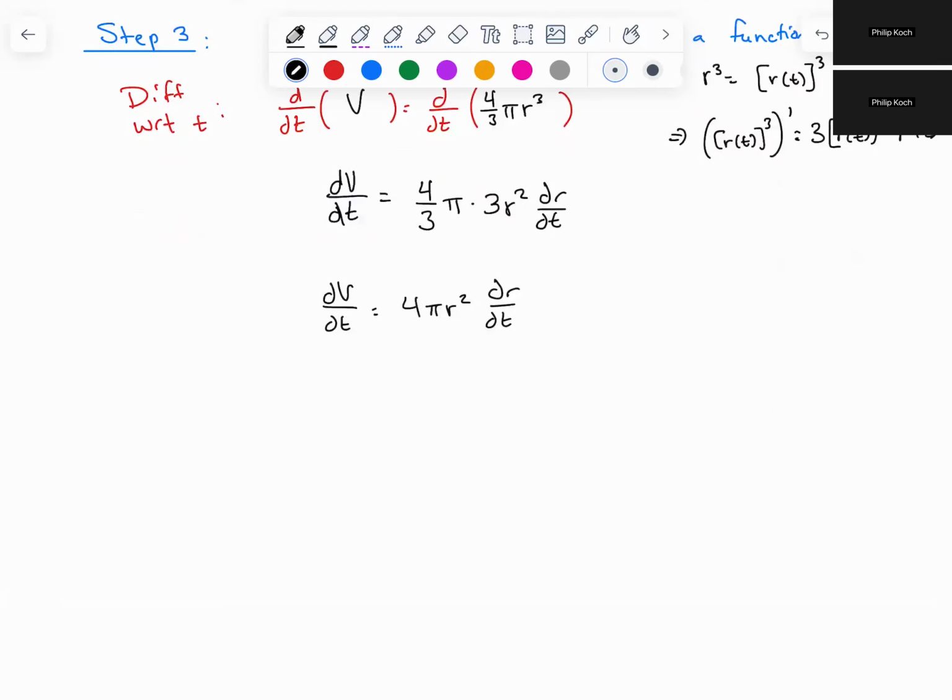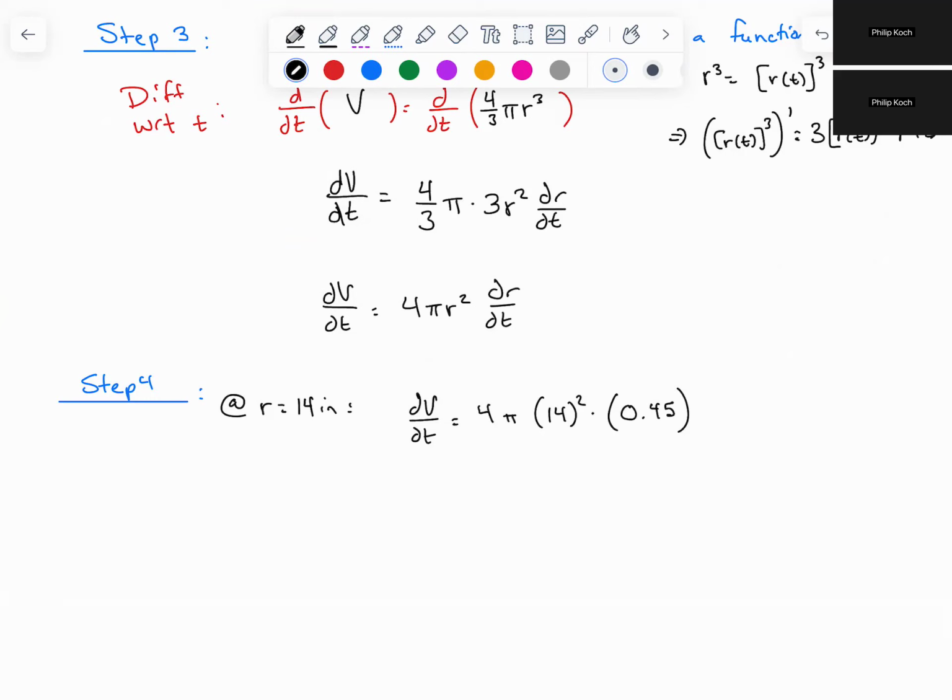Anyways, so step 4. Now we plug in the values. I'll explain why again in just a moment. Sure, I made an arrow. Of course I did. So we want, at r equals 14 inches, dV/dt, the desired rate that we're finding, to equal 4 times pi times 14 squared times dr/dt, which is something that we know, which is 0.45.